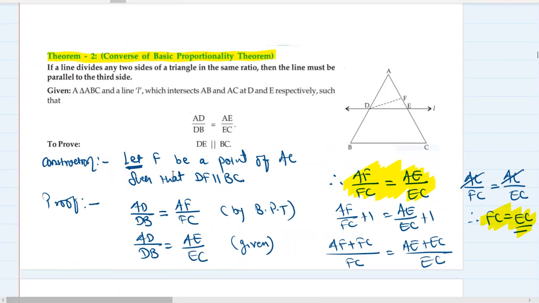जनरली प्रूफ्स ऐसे होते नहीं है. जो भी असम्प्शन और कॉन्ट्राडिक्शन बेस्ड प्रूफ होते हैं, they are generally being avoided in the exam. एग्जाम में नहीं पूछते हैं. ये तुम्हें लॉजिकली इसको समझने की कोशिश करनी है जनरली, ठीक है. बट इसका जो मेथड है इसको याद रखना, क्योंकि हो सकता है कि कभी कोई क्वेश्चन ऐसा आ जाए जिसमें ऐसी मेथड हमें यूज करनी पड़ सकती है. हाँ, बट कन्वर्स ऑफ बीपीटी क्वेश्चंस में बार बार यूज होता है.